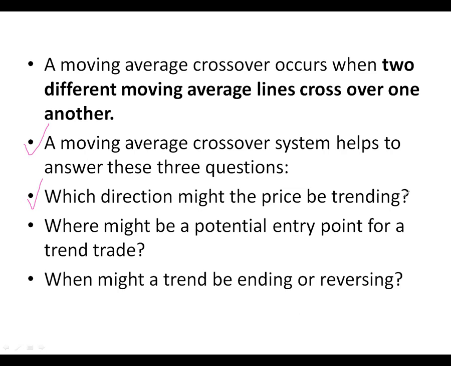Or in another language, we can say a bullish market or a bearish market or a sideways market. Or better still, we can also say a buy market or a sell market or a ranging market. So it's either the market is going up or going down or it's moving sideways. These are the 3 main structures of the Forex market.